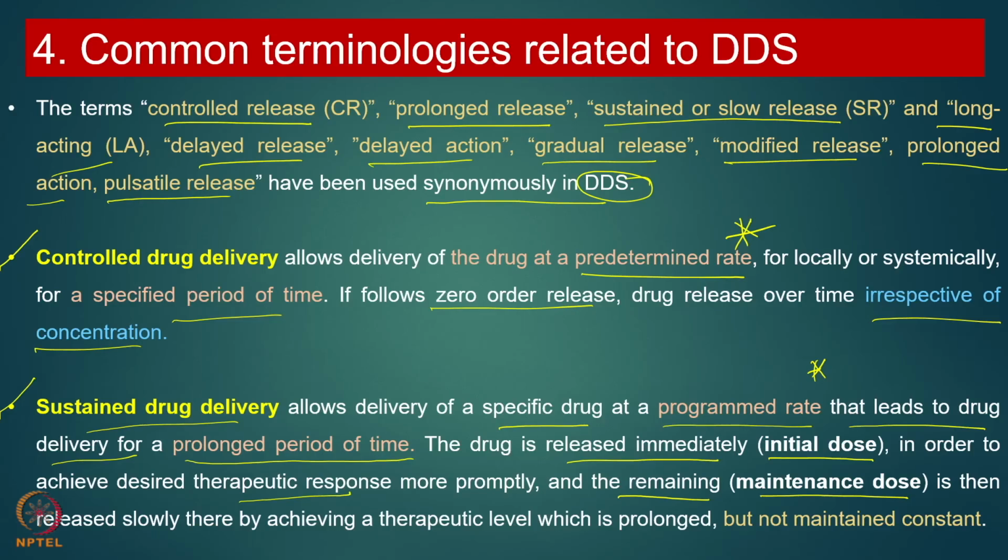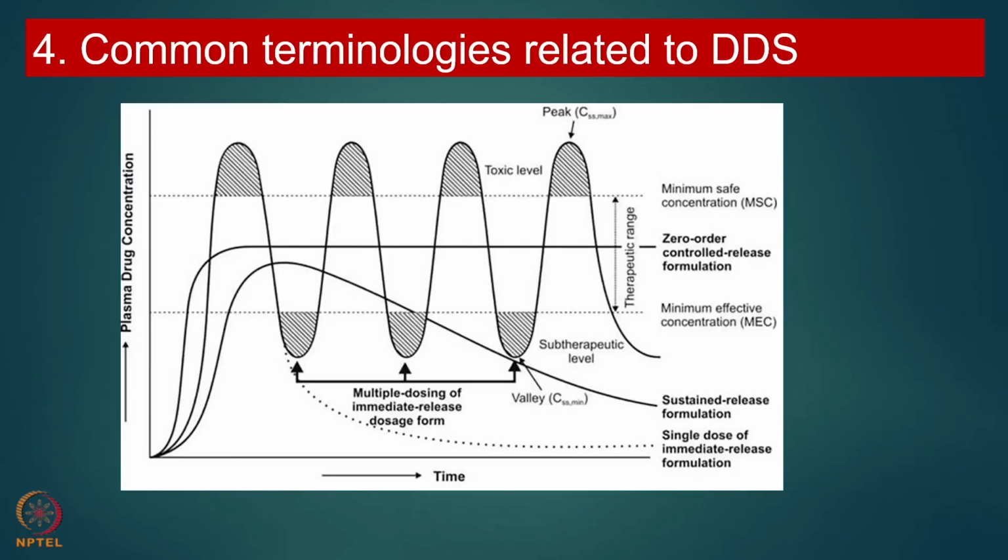Initially a certain amount of drug will release, that is the initial dose, then it will be maintained for a longer time. This is called sustained drug delivery, or you can say delayed or prolonged drug release. These are some of the common terminology used in drug delivery systems.